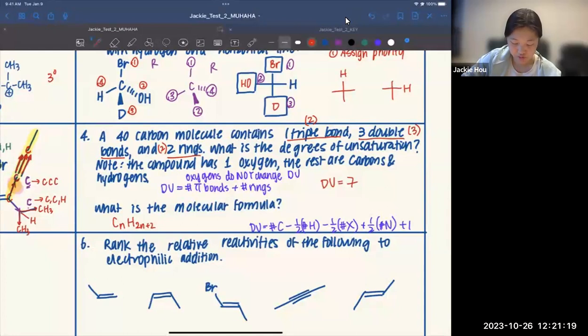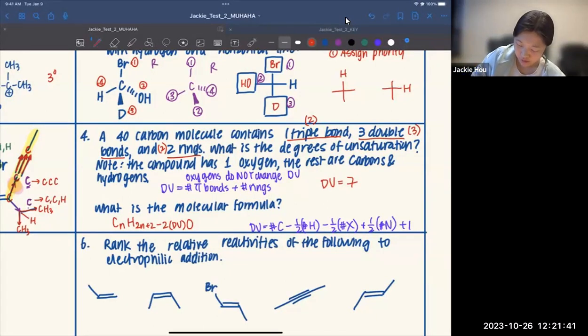But when we do have degrees of unsaturation, we're going to subtract 2 times the degrees of unsaturation. And then we also know that this is just given in our problem. In this example, we have an oxygen. Oxygen doesn't change the degrees of unsaturation, so we just snap it on at the end.